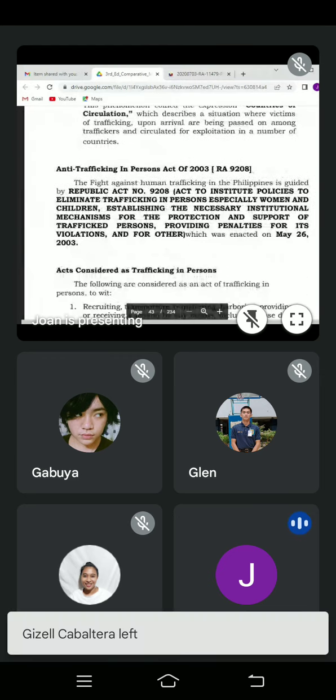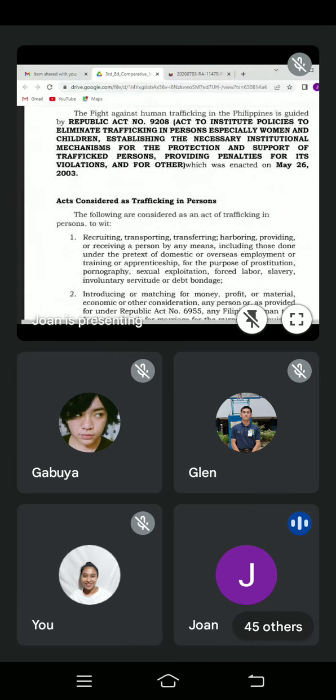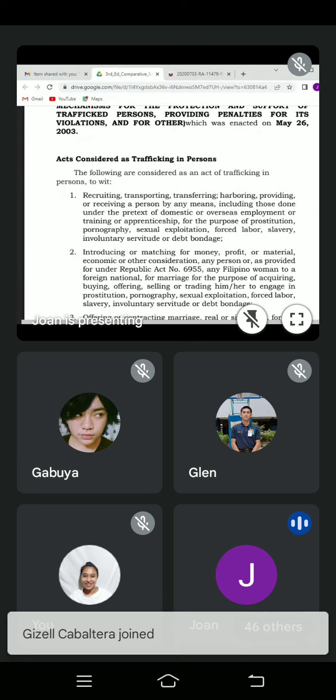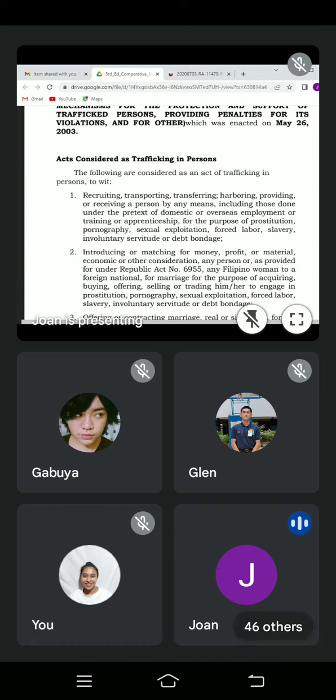Nasa balaod ana, it's RA 9208. And trafficking means recruiting, transporting, transferring, harboring, providing, or receiving a person by any means, including those done under the pretext of domestic or overseas employment.